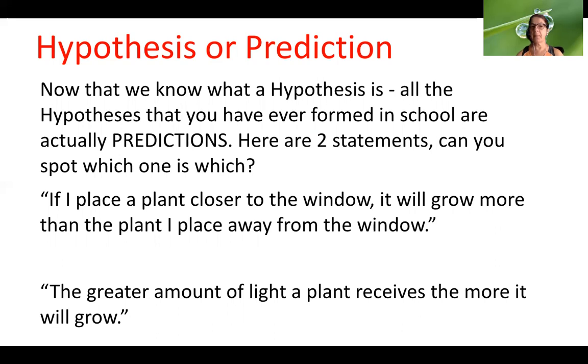The second: the greater the amount of light a plant receives, the more it will grow. Which one is a hypothesis and which one is a prediction? Pause the video and think about it.